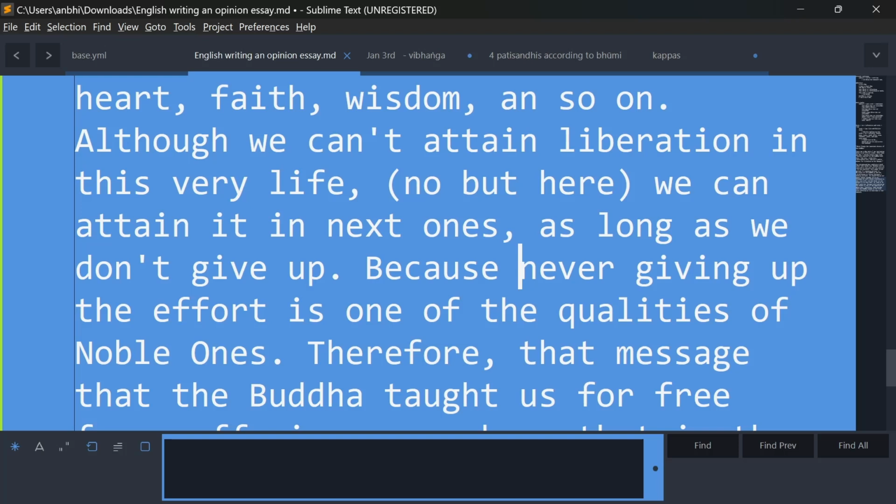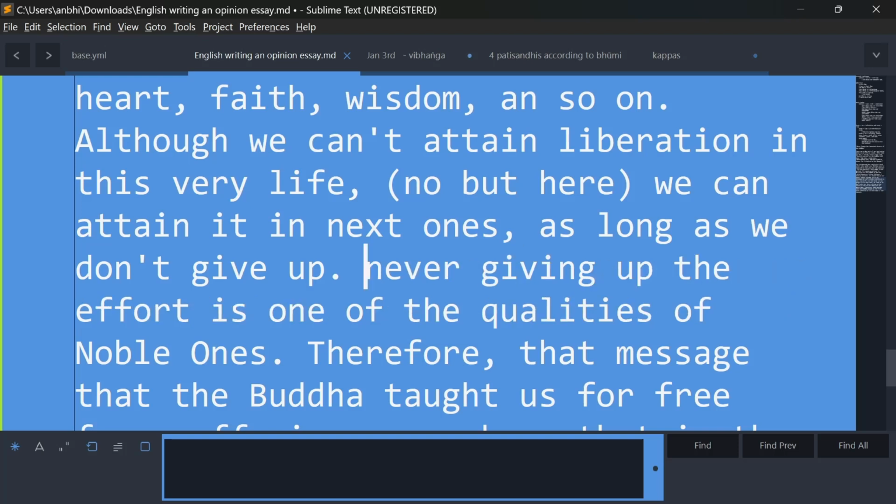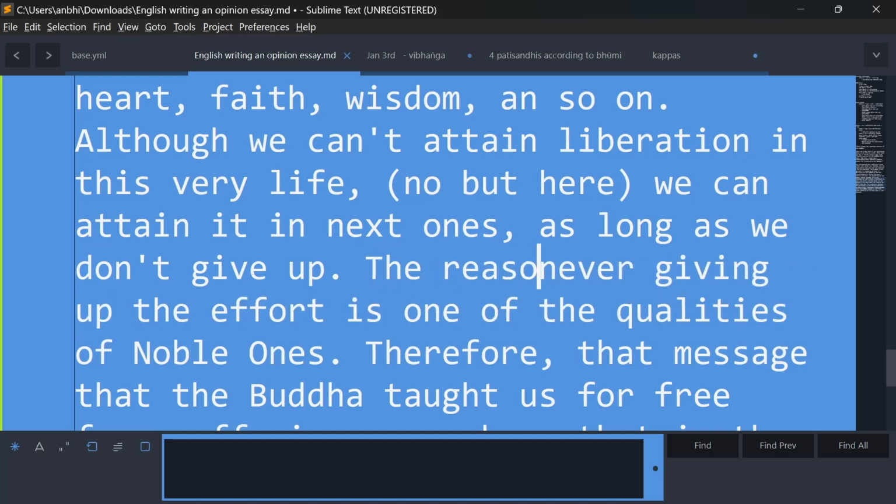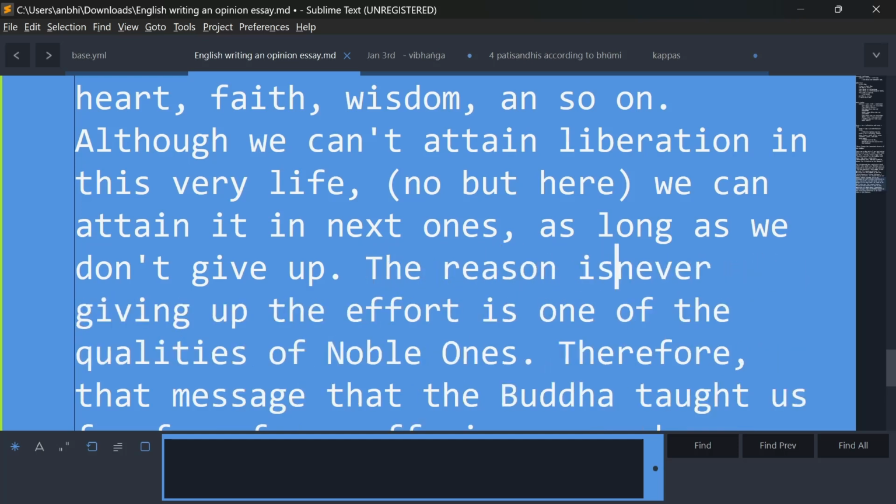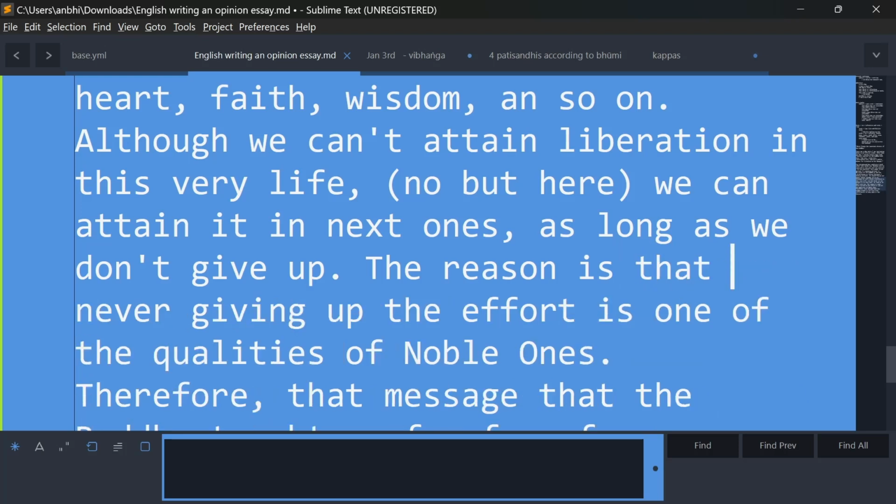And instead of using because, which is a conjunction and sounds strange here, you could say something else. For example, the reason is that never giving up the effort is one of the qualities of noble ones.